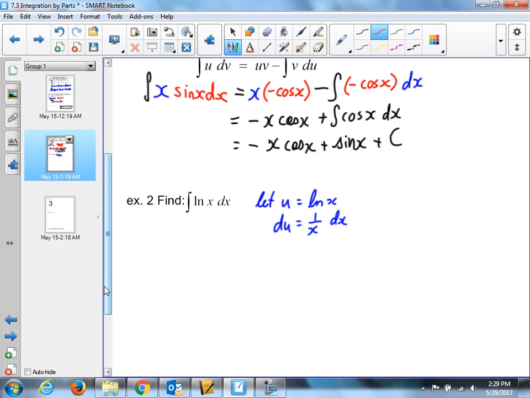Then according to that, what's my dv? It's just dx, 1 dx. Then if I integrate both sides, not worried about a constant, v is equal to x.